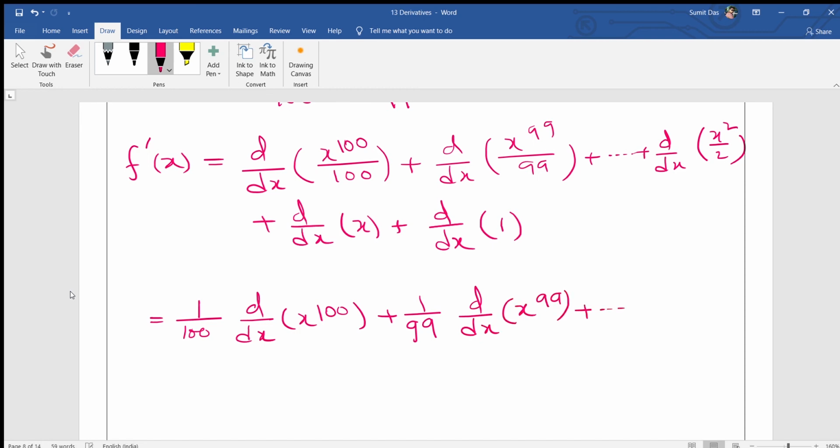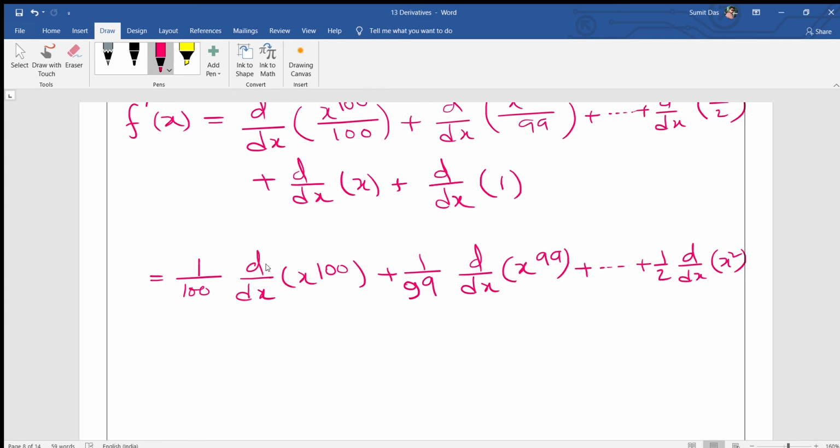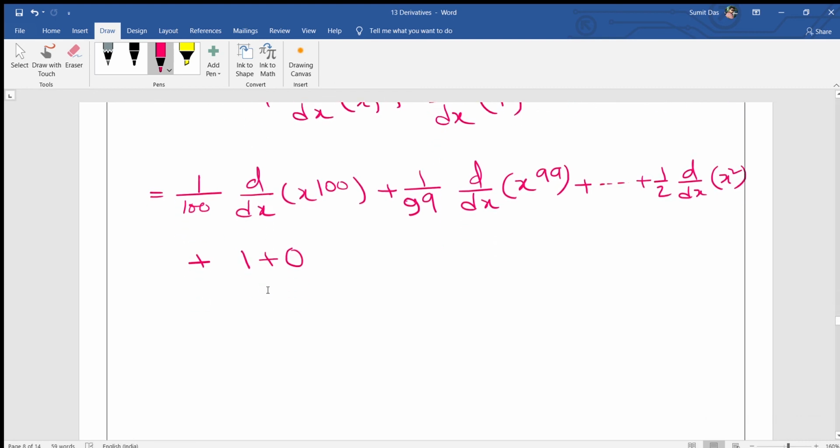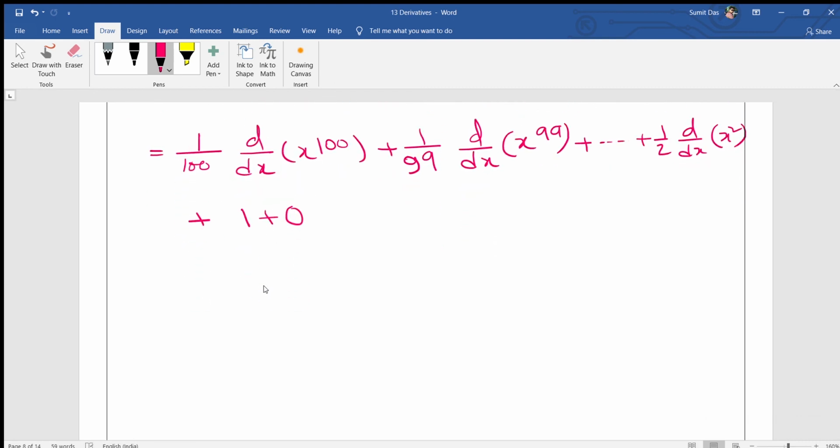Then 1 by 2 common, we have to find the derivative of x square. Then here too we can see the derivative of x will be 1 and the derivative of 1 will be 0. Now, what will be the derivative of x to the power 100?